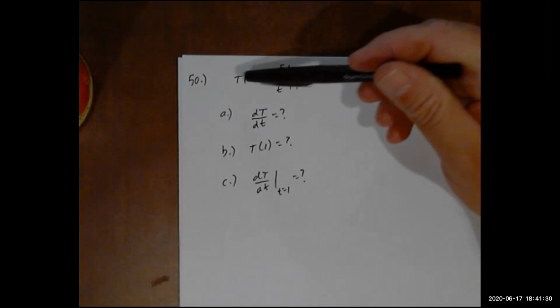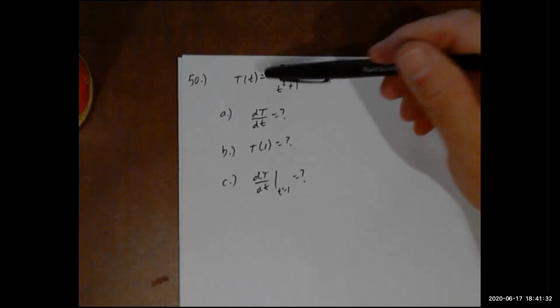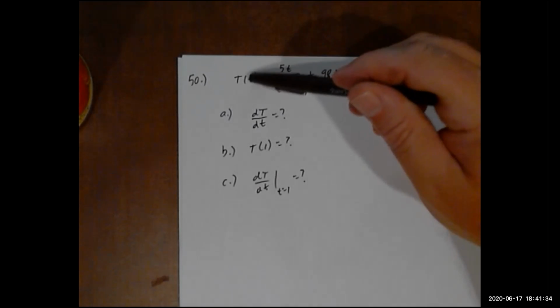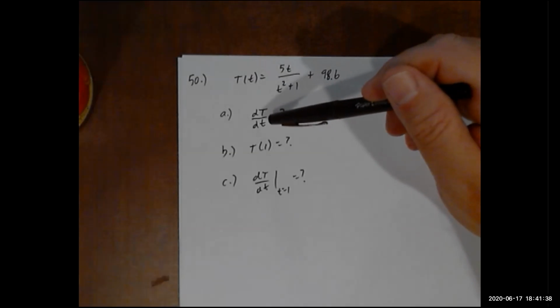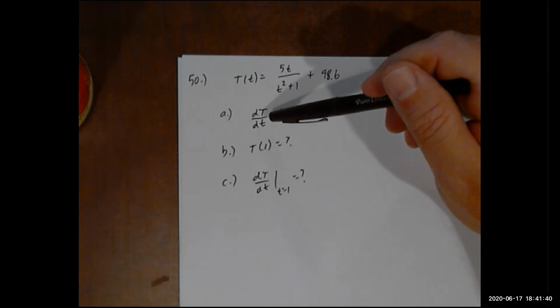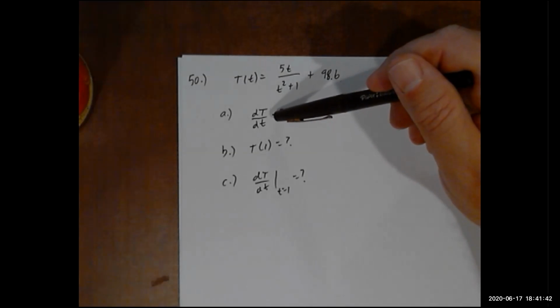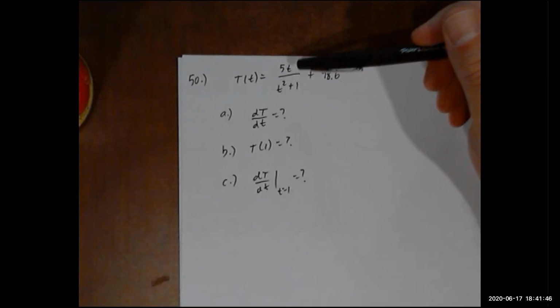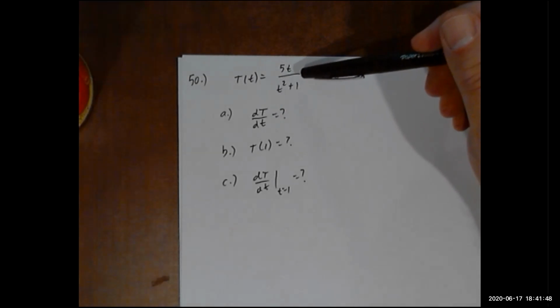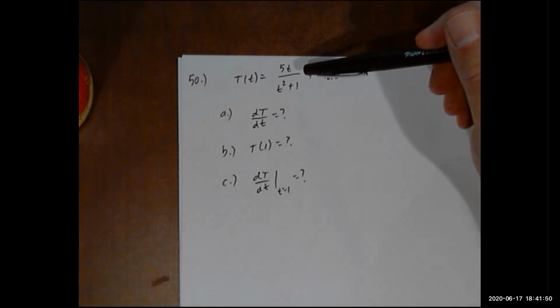So there's two things going on. This is the equation that gives you the temperature of the person according to how much time has passed. However, they also want to know how the temperature is changing, the rate of change of the temperature. So it's not enough. Maybe the person's temperature is 101, but the question is, is the temperature going up or is it coming down?